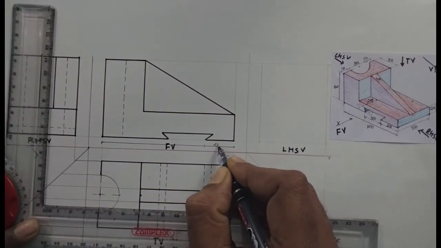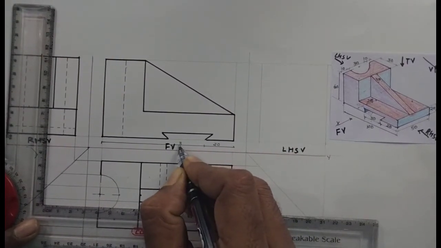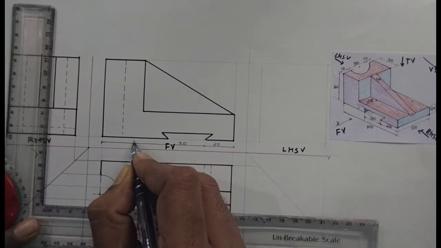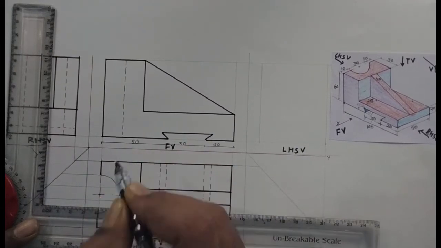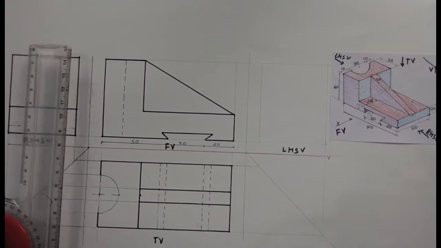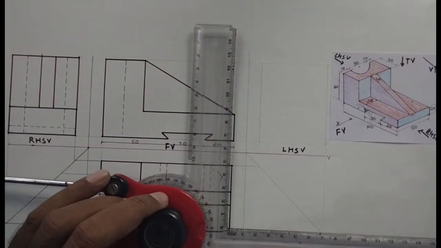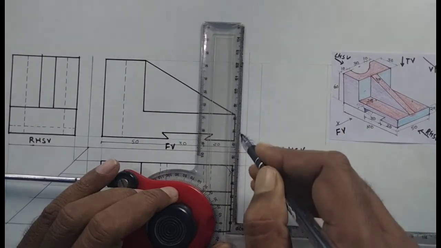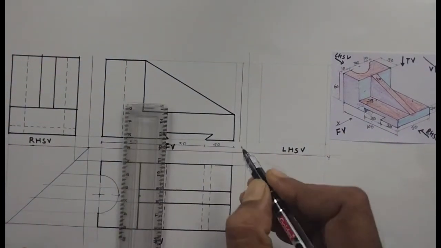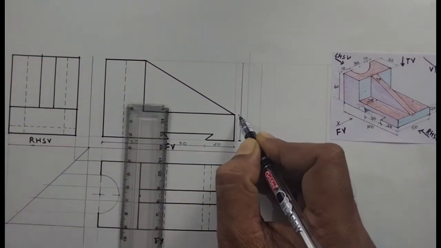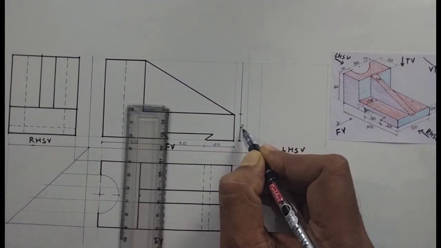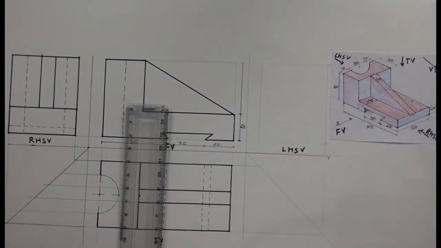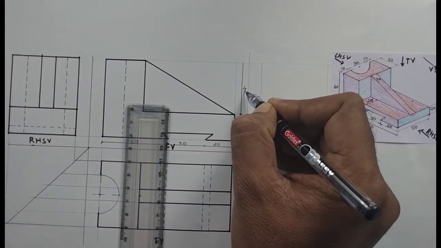This is first 20, this is 30 mm, and the remaining is 50 mm. You can show your height with a dimension line. The bottom plate height is 20 mm and the remaining is 40 mm.